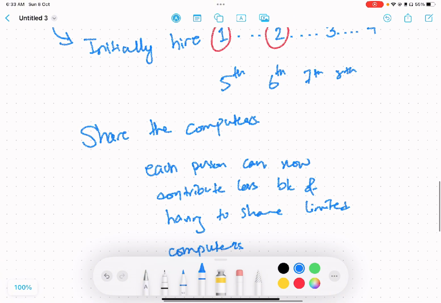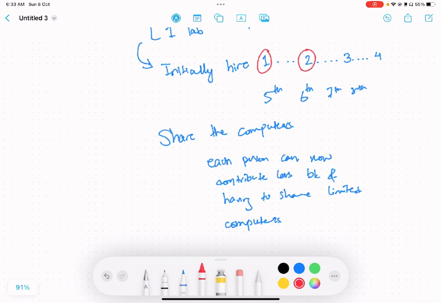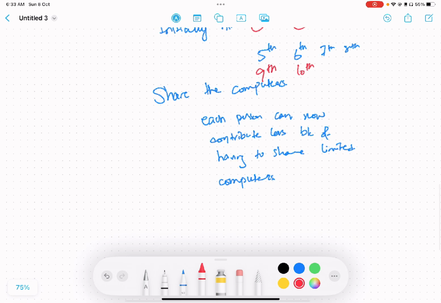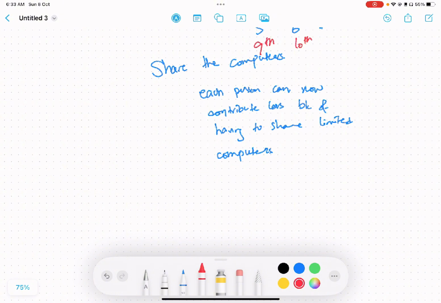And then if you were to add more and more, so let's say you add a ninth guy, a 10th guy, what's happening is you've put them in a situation where they're sort of fighting over the computers. And when they're fighting over these limited resources, again, each person's contribution goes down even more.